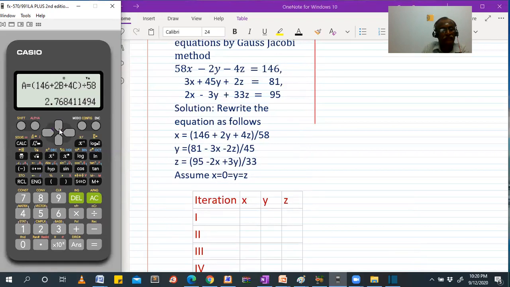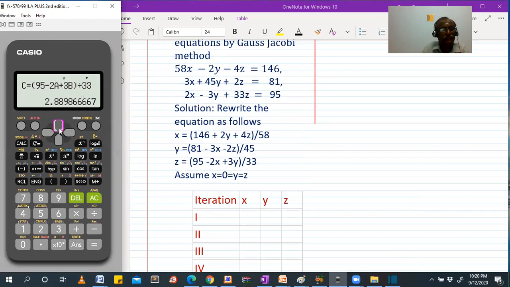Similarly, implement c: z equal to, that is c equal to alpha hyp equal to 95 minus 2 alpha minus plus 3 times alpha degree symbol by 33.